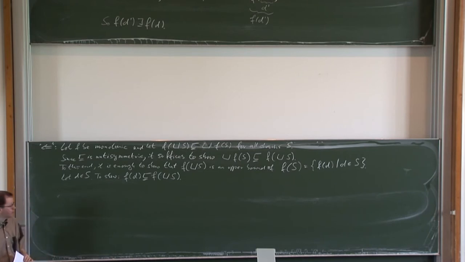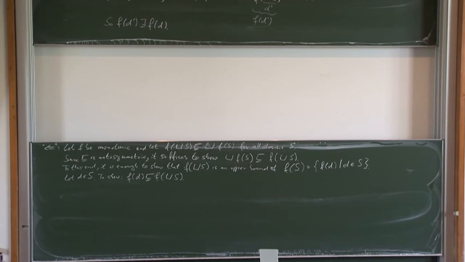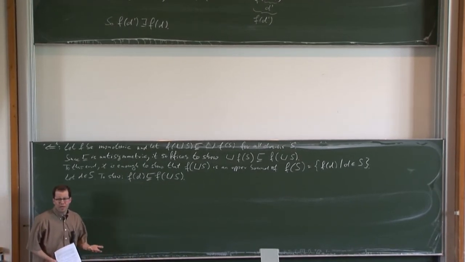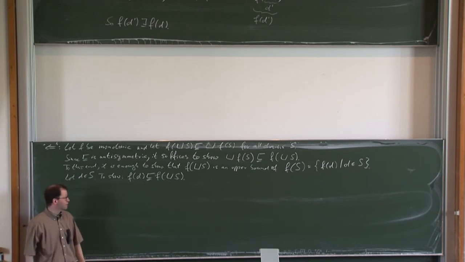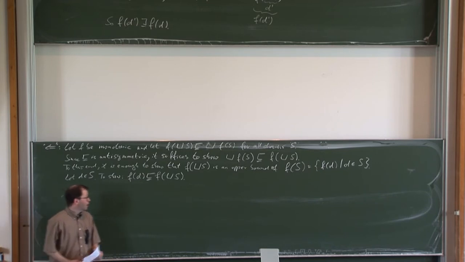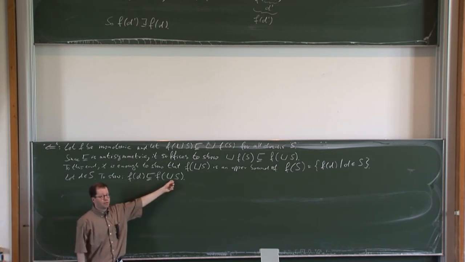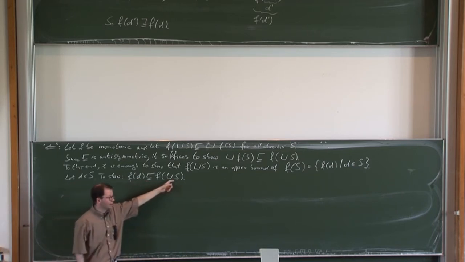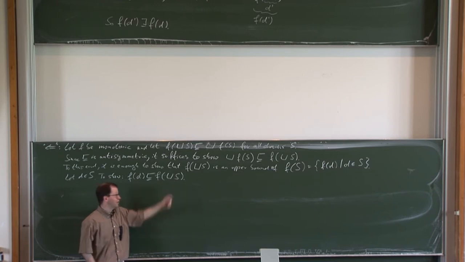Now, why does this hold? Well, we know that f is monotonic. We somehow have to use this. And now look at these arguments. Here we have d, and there we have the least upper bound of s. d is an element of s. So d is smaller than the upper bound of s.